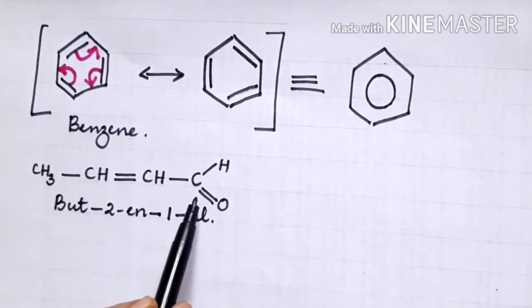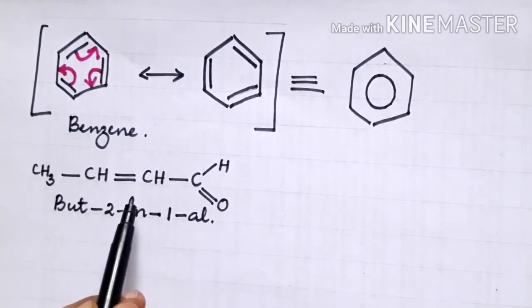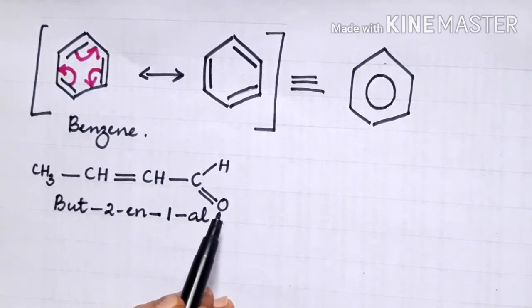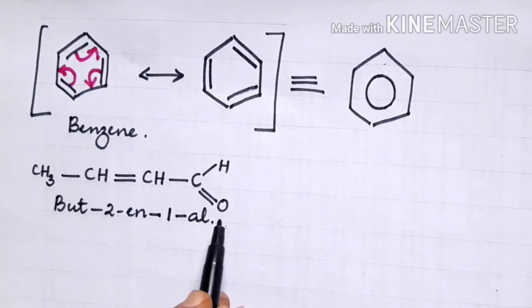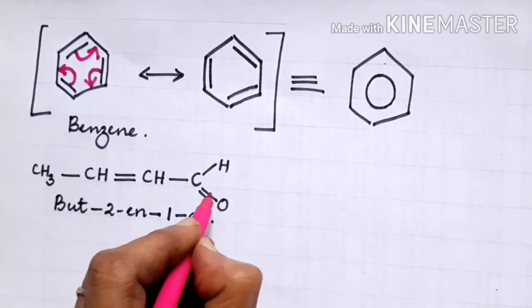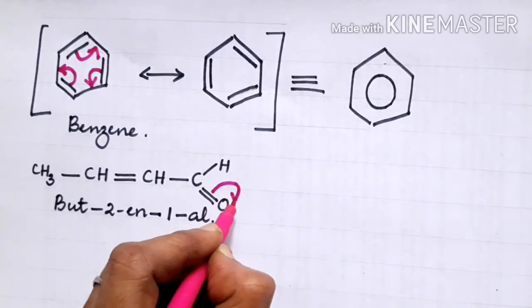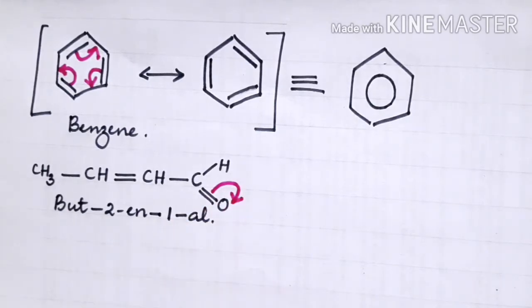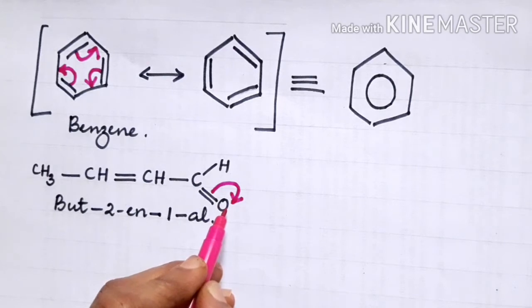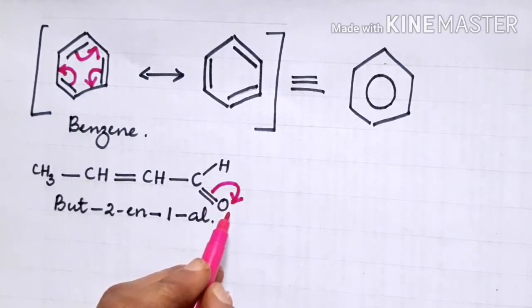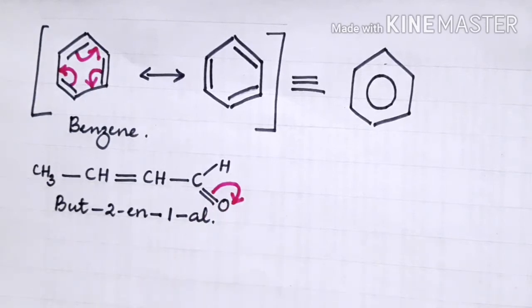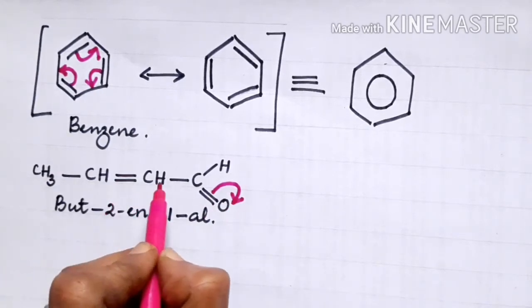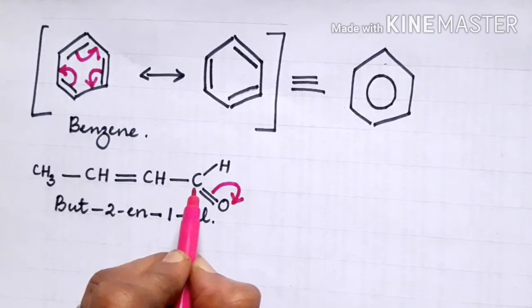Here you find that two double bonds are there, one between C=O and the other between these two carbons. Oxygen is more electronegative, so oxygen will pull the electrons more towards it, and as a result the pi electrons get shifted here, which in turn makes this carbon positive.